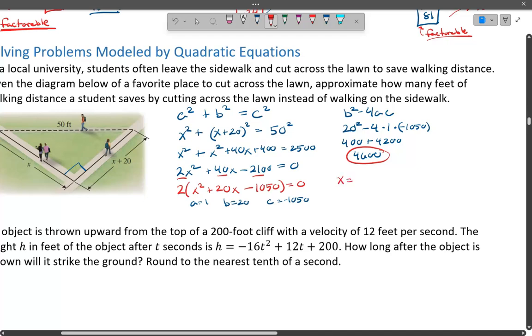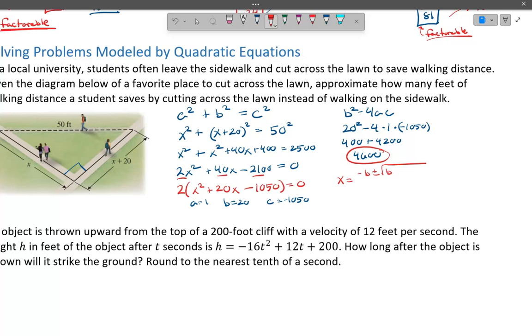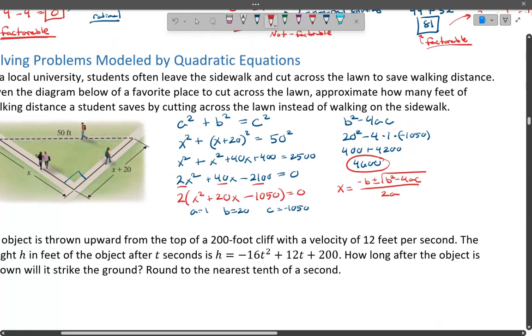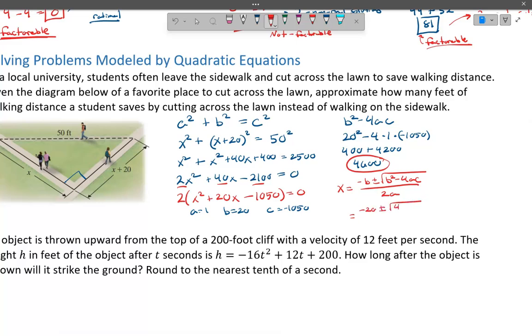If our quadratic formula is x equals negative b plus or minus the square root of b squared minus 4ac all over 2a, and we fill in what we already have, we know the value of b is 20, plus or minus the square root of 4,600 all over 2 times 1. So then we can just finish solving at this point.